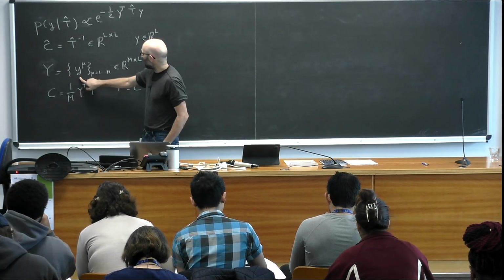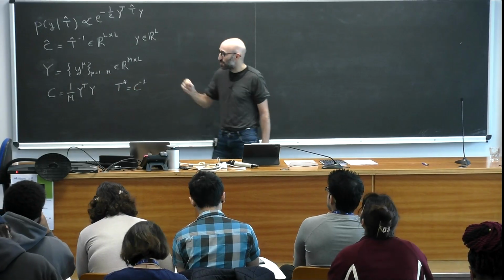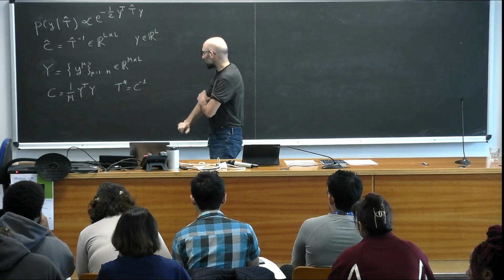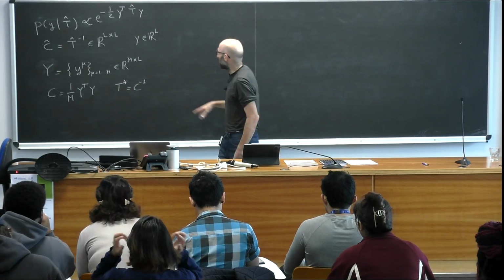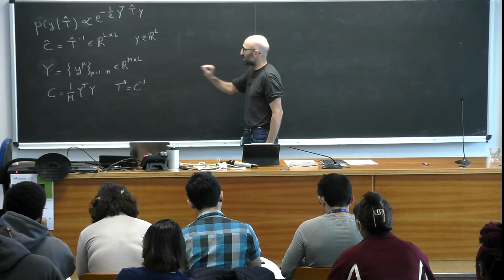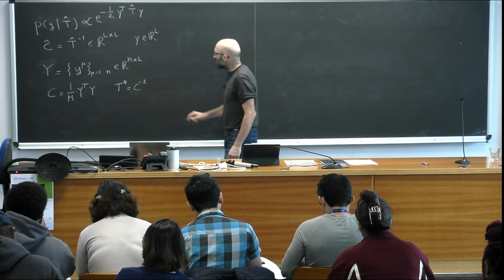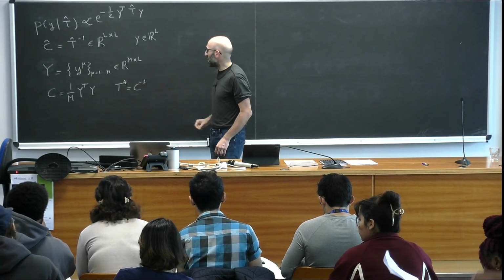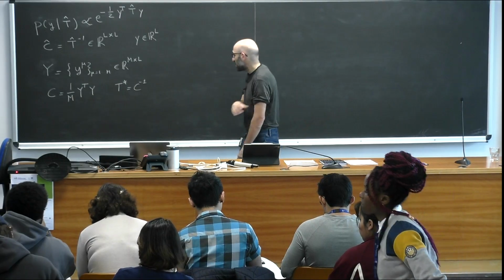So the data are M vectors, IID, generated from this, and we can collect them into a matrix Y, where each line is a data vector. So Y is a matrix of size M times L, where M is the number of data.